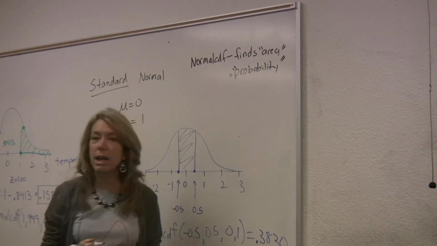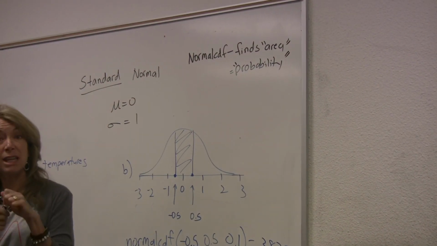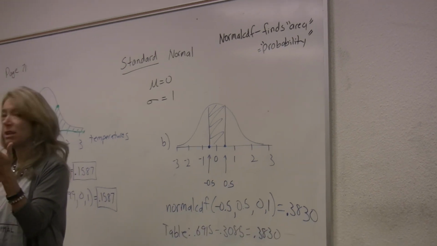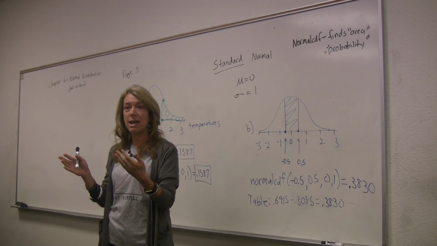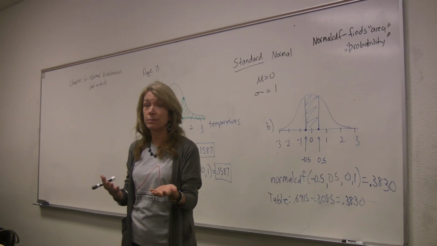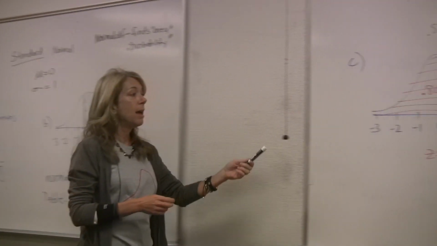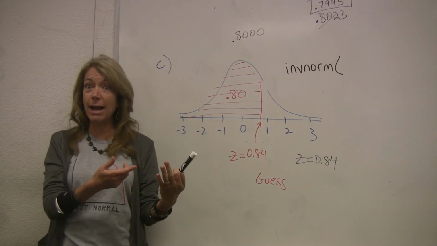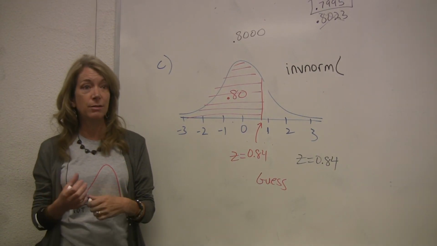Area and probability are interchangeable. This question gave us the area by saying we know the probability is 0.8, we have an 80%, and asked for the z-score. That's what inverse norm will do, if you know the area and you're looking for the z-score.